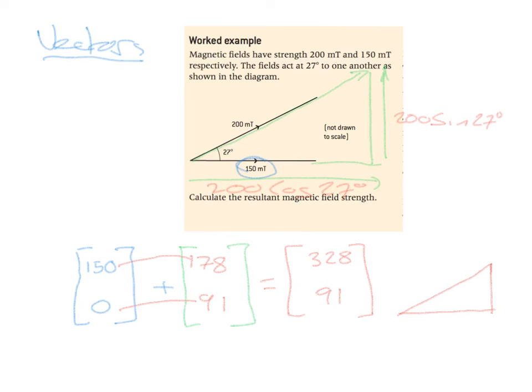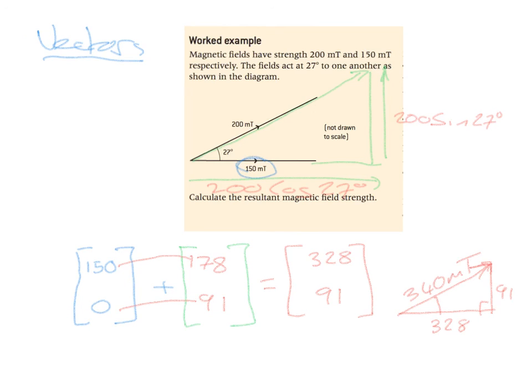So let's put that in, 328, 91. So all we have to do is, well, there are many ways, I'm sure you can find a way of doing it, but using Pythagoras, we end up with 340 milliteslas going that way. Let's put an arrow on there.